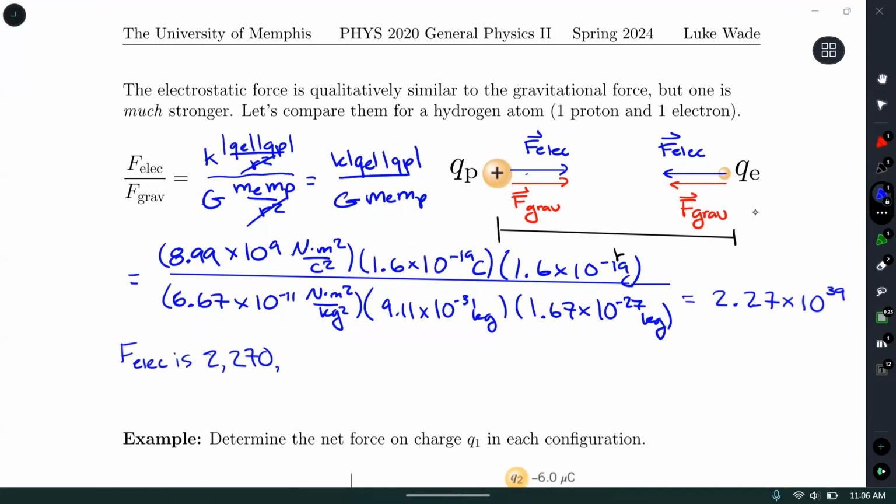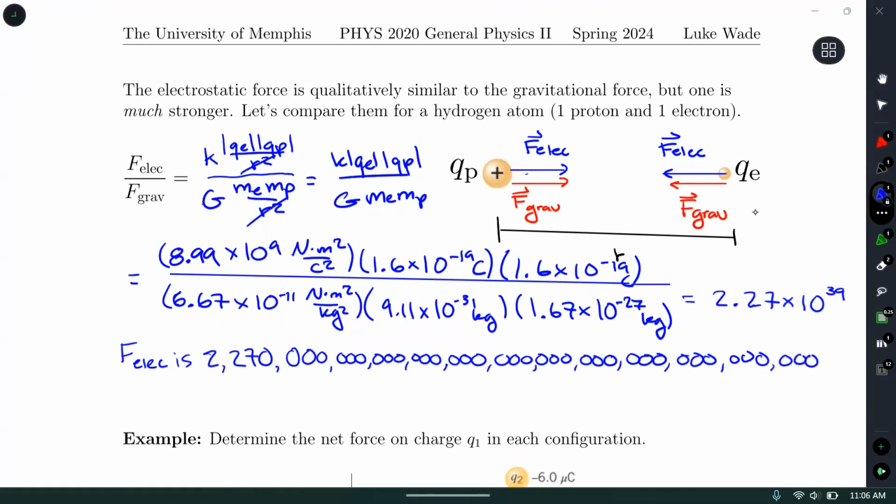F-elect is 1, 2, 3, 4, 5, 6, 7, 8, 9, 10, 11, 12, 13, 14, 15, 16, 17, 18, 19, 20, 21, 22, 23, 24, 25, 26, 27, 28, 29, 30, 31, 32, 33, 34, 35, 36. That many times stronger.